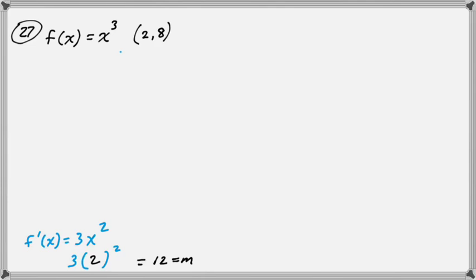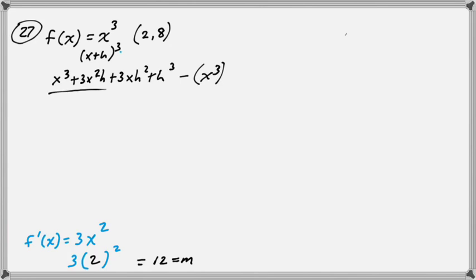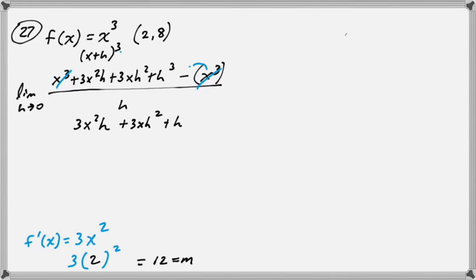So anyway, we'll replace x with x plus h. So that would be x plus h cubed, right? And so that becomes x cubed plus 3x squared h plus 3xh squared plus h to the third minus the original function all over h, the limit as h approaches 0. Now x cubed and negative x cubed would add to 0, leaving me 3x squared h plus 3xh squared plus h to the third.